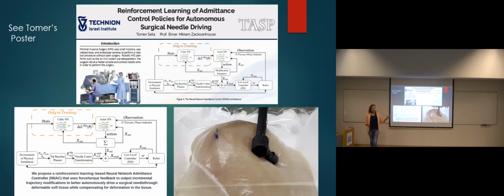Okay, so what we're trying to do here is that we work with Tomer, who has a poster outside. We're trying to go one step beyond what is being done now in teleoperation and do actual autonomous surgery of specific tasks. It's not like the robot is going to do the whole surgery, but a specific task, and specifically we are aiming at robotic suturing.